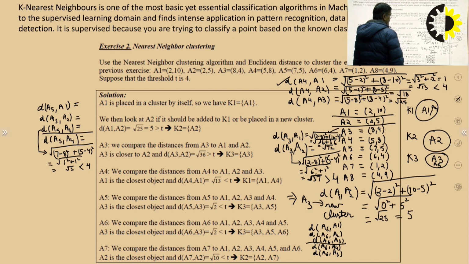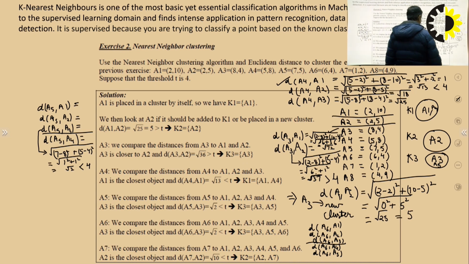Whether this possible candidate cluster will contain A6 will be determined by the threshold value. So we check the Euclidean distance between A6 and A3, which is root 2, and this comes out to be less than 4.